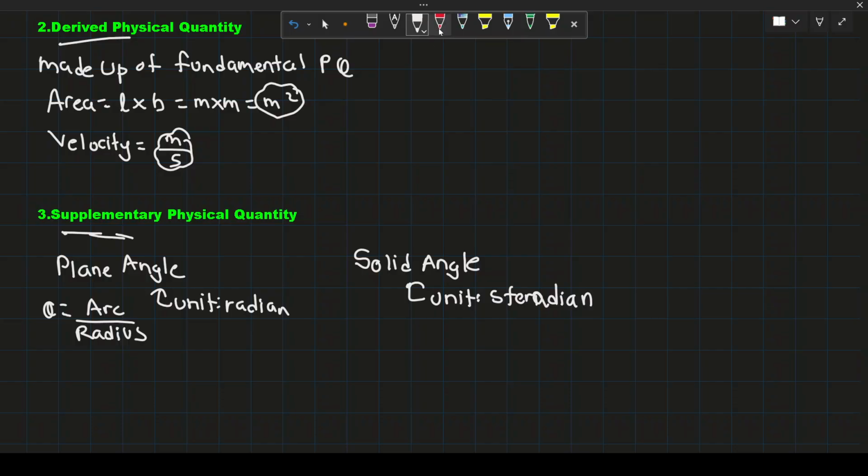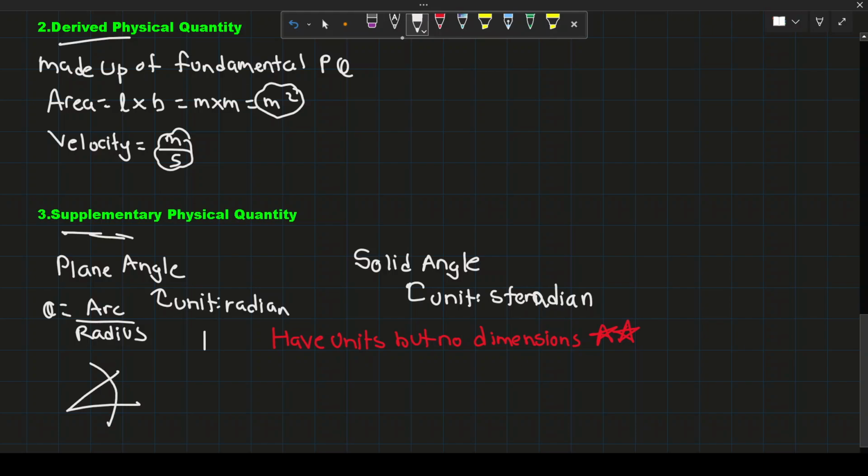The important thing to remember in this is that supplementary physical quantities have units, but no dimensions. This is an important thing to note. A plane angle can be represented like this. This is your arc, this being your radius, and this is the angle theta. And for solid angle, this is theta.